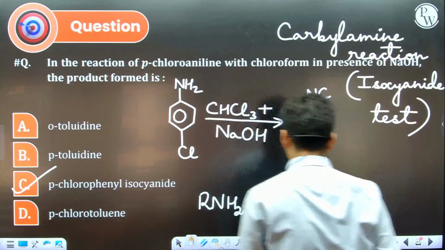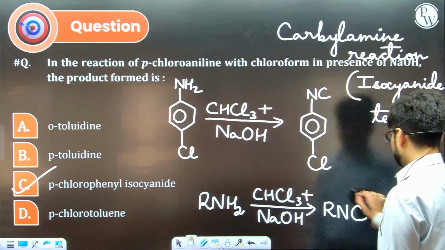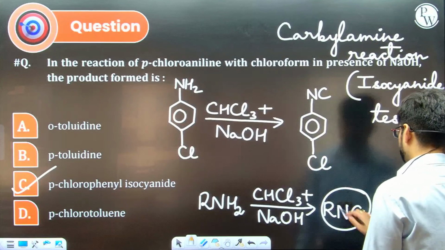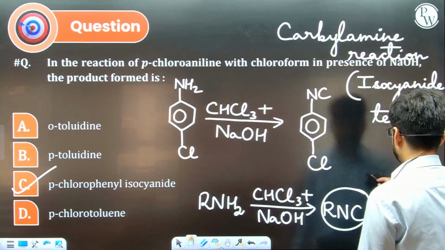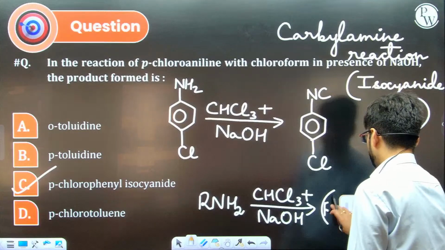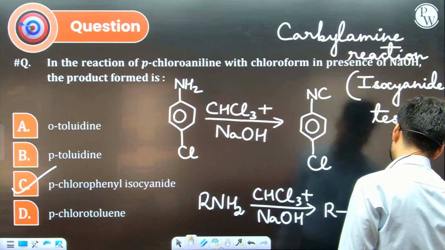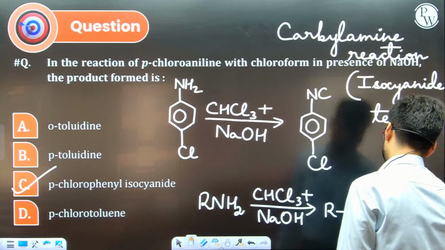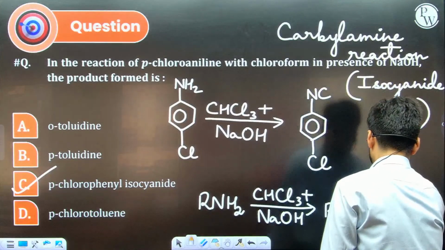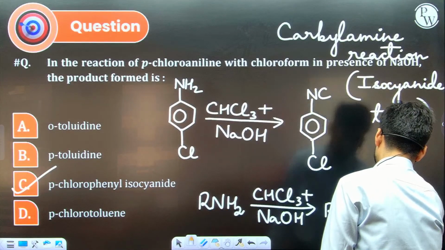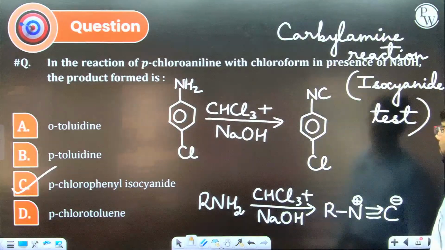Instead of NaOH, you can also take KOH. That doesn't matter. So this is the isocyanide, phenyl compound which has a foul smell. And structure of RNC is what? If I want to show the bonds, then this is how I should show. This is a compound formed.